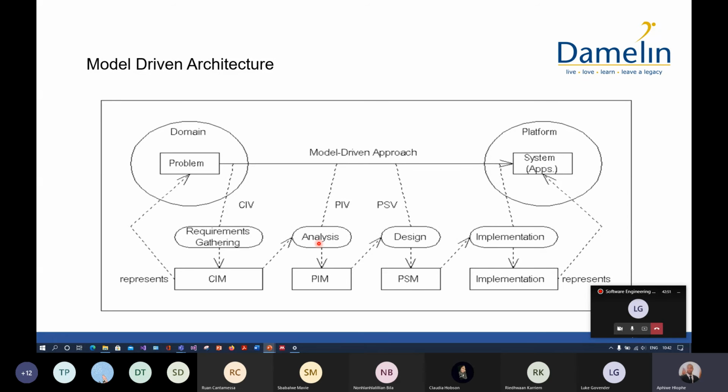As you saw yourself from those models, they don't speak to anything about a platform. So at this level of abstraction, it is platform independence.